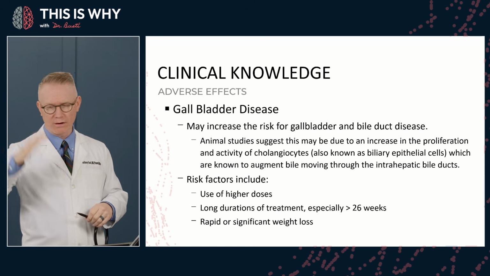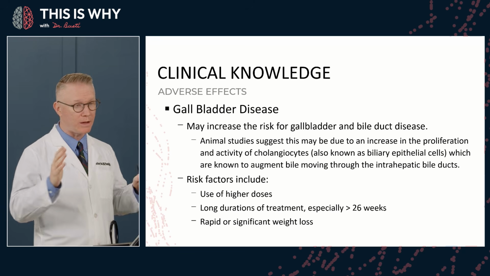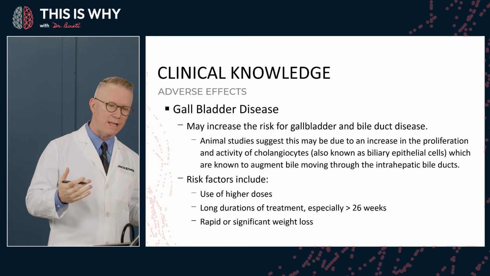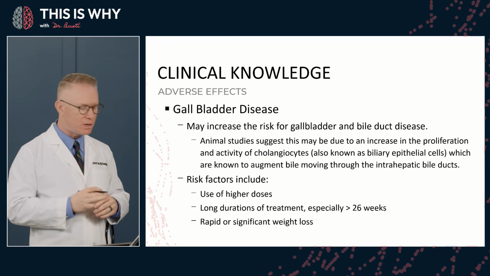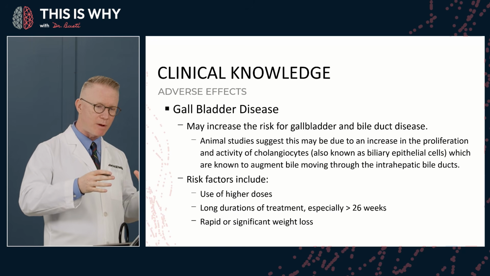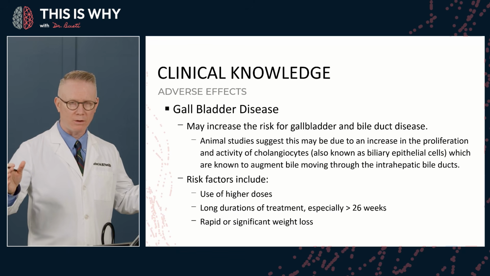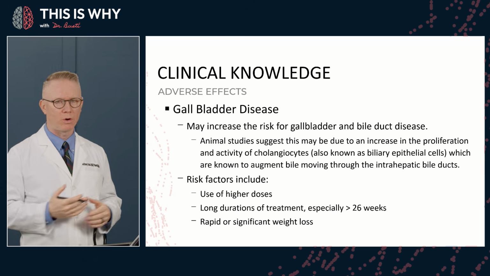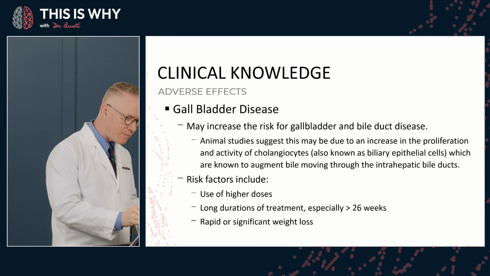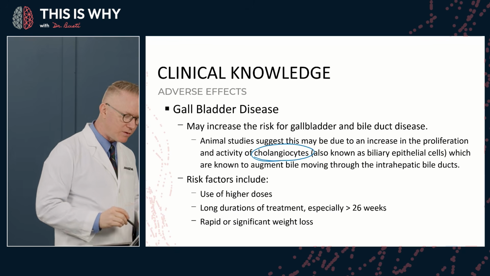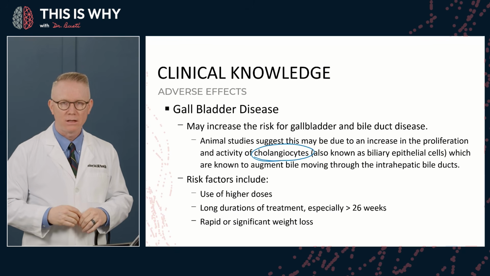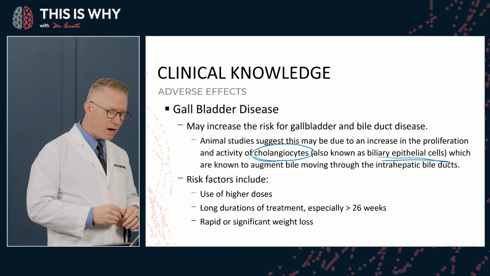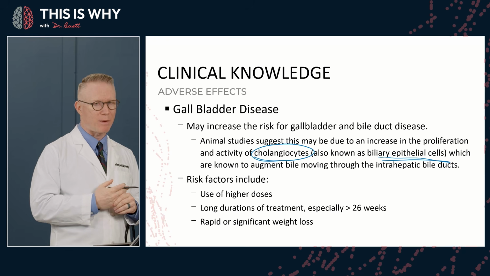Now, going back to gallbladder disease and the pancreatitis risk, there are a couple of things that are important to recognize. We don't know fully yet exactly why this happens, but there's thought that these drugs are working beyond just the pancreas. They're working in the GI tract and other gastrointestinal organs. When it comes to the gallbladder, there may be some proliferation and activity of the cholangiocytes, and that process in the biliary epithelial cells can augment the release of bile.